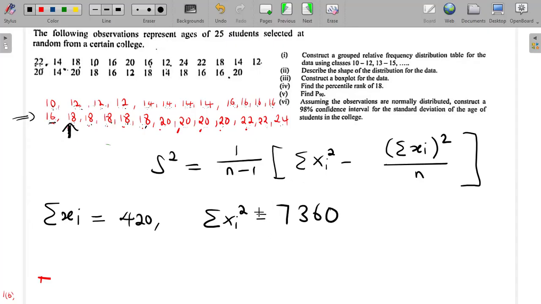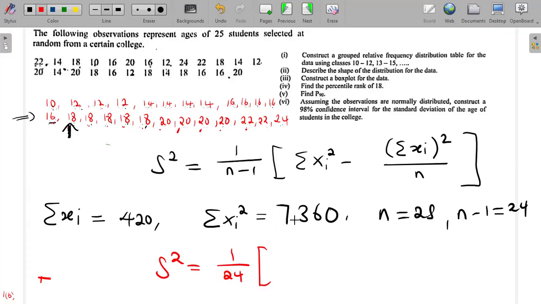That gives me 7360. My n is 25, so n minus 1 is 24. So I can find my variance to be 1 over 24, times 7360 minus 420 divided by 25.